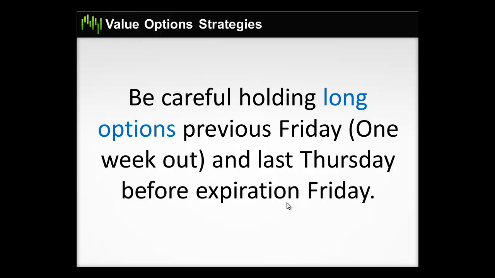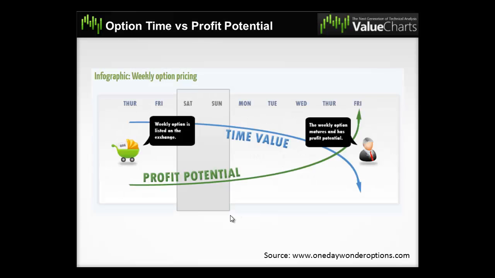So you don't want to be bled dry by the time decay, and you don't want to lose a lot of premium value because you bought right before the market closed over a time period that represents a large percentage of the options contract remaining. So again, the previous Friday over the long weekend, be careful about holding a long options position. Same thing Thursday night before expiration.